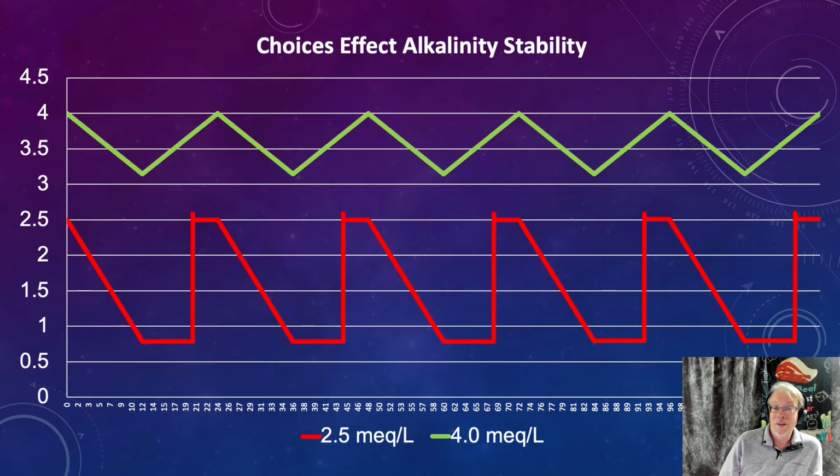And at the end of the day, the alkalinity is getting really too low in the system. Below 1 milliequivalent per liter is really not good for corals. And this is a large daily excursion. So husbandry choices can make a big impact on stability.